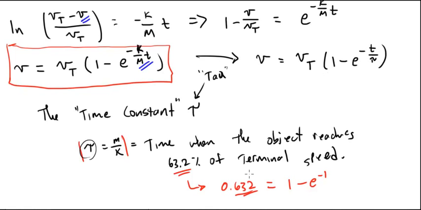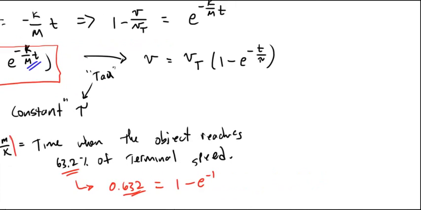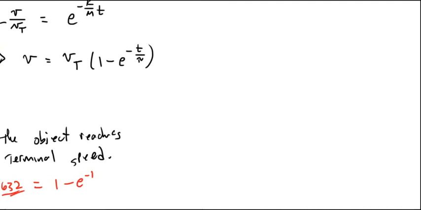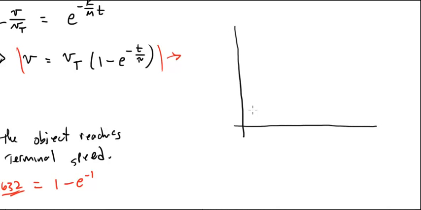And what's interesting now is I can make a graph of this. If I were to graph this relationship, I can graph velocity here and time here, and it's going to be an exponential curve.